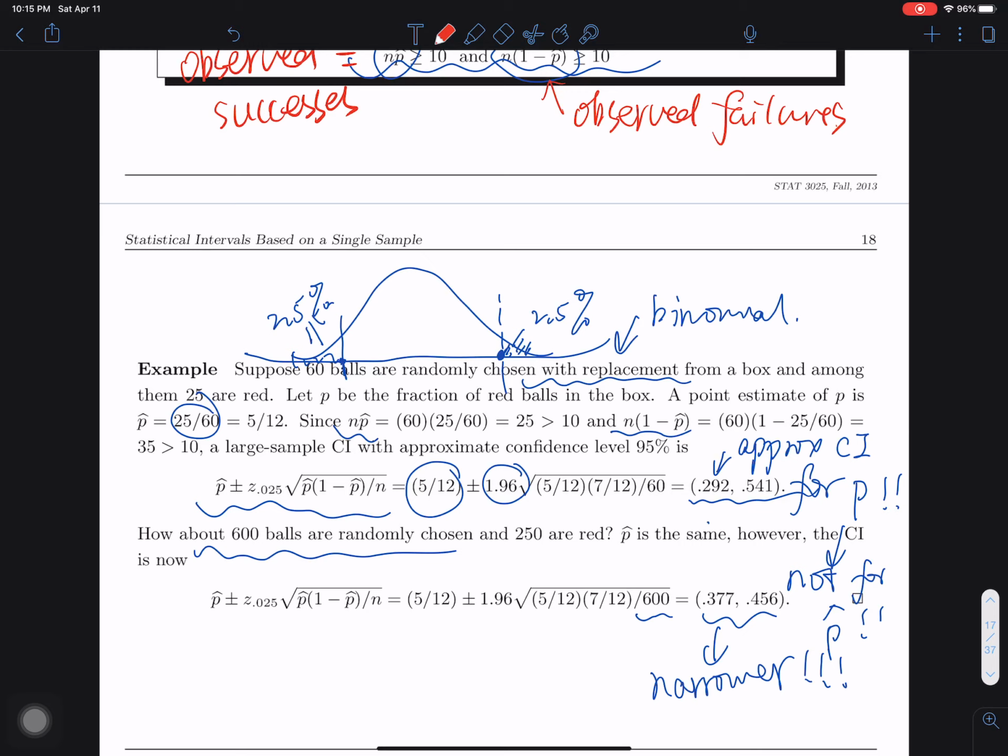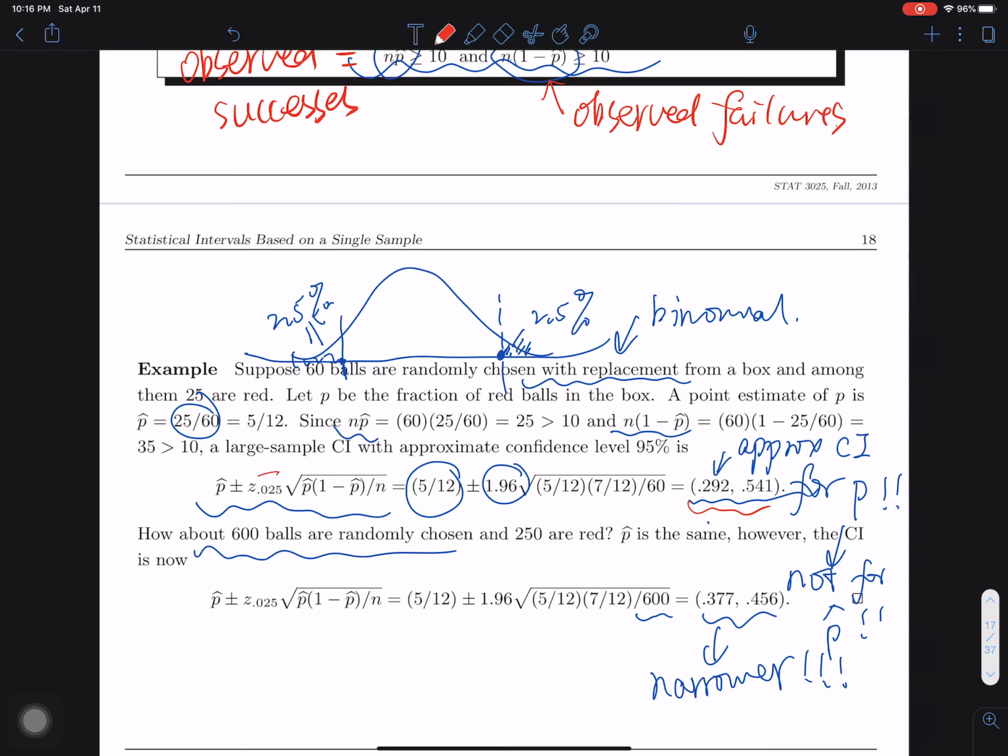So both of them are greater than 10. So we can utilize the confidence interval calculation for the population proportion. And by plugging in the above numbers, we get a confidence interval like this.